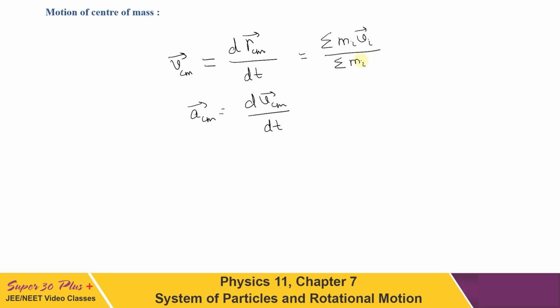Now I am generalizing the definition. Whatever it was for position can be applied for velocity as well. So for a discrete mass system we can define velocity of center of mass like this. For a continuous mass system, it can be written as integration of dmv upon integration of dm, that will be the mass of the whole system.